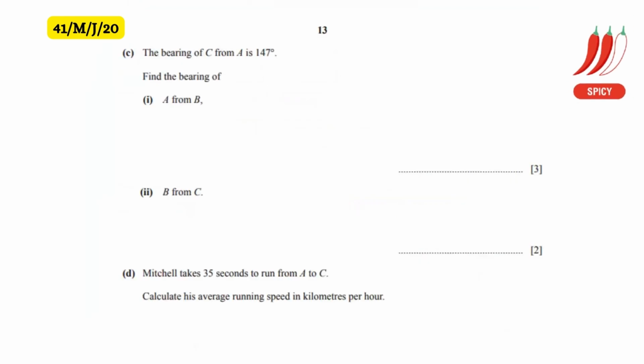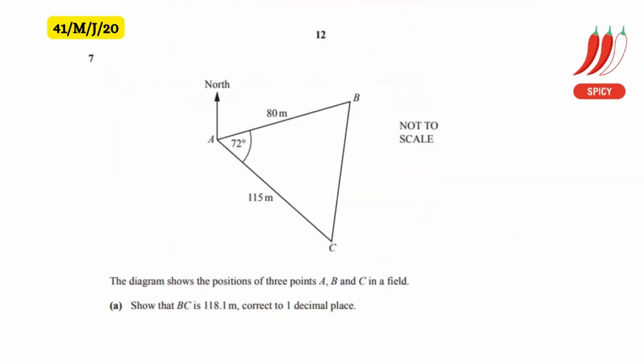Part C says the bearing of C from A is 147. Find the bearing of A from B. Bearing of C from A is 147, which means this is 147. Remember, bearing is always measured from the north in clockwise direction.